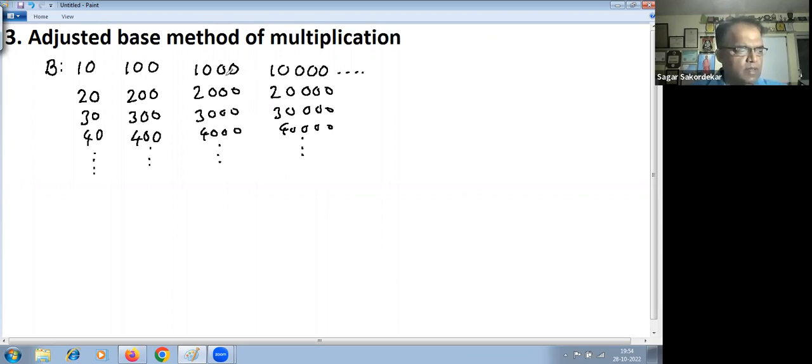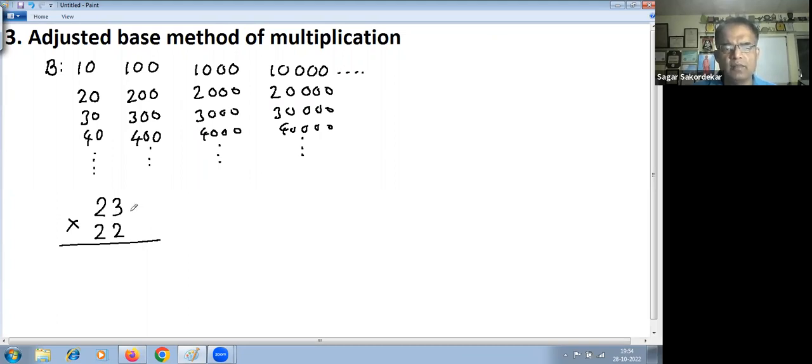For example, let's take this example, say 23 multiplied by 22. Note that you can do this easily using crisscross, but we are taking a simple example to understand the method. If you want to use the base method, it is not near to 10, neither is it near to 100.